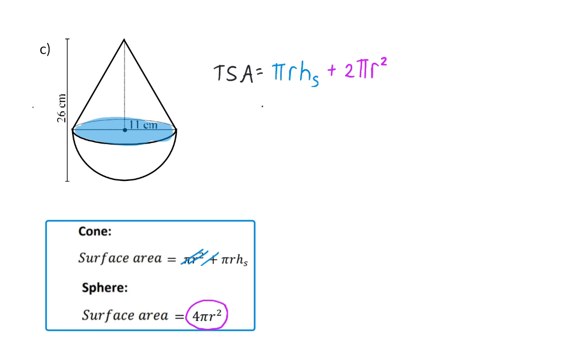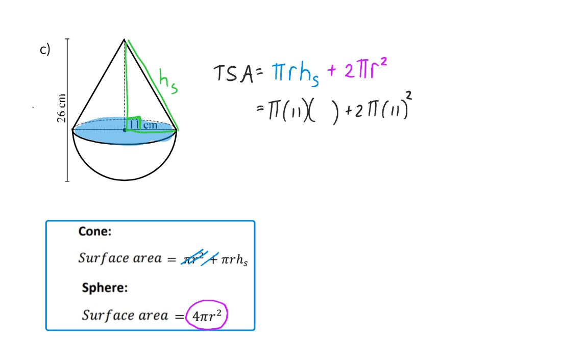Now we can substitute our given information. The radius is given as 11 centimeters, but the slant height is not given. In the second part of our formula, we can again substitute the radius as 11. To calculate the slant height, we will make use of the theorem of Pythagoras in our right-angled triangle.